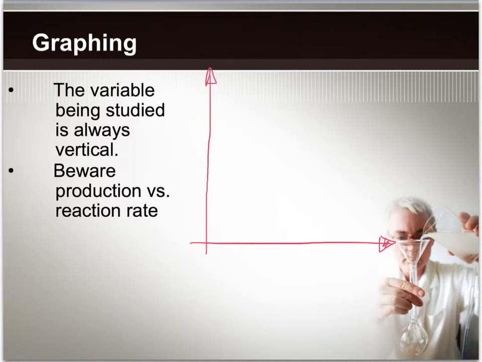In this case, it would be time, because we're looking at the rate of reaction, and rates are always a factor of time. The thing that is being measured would be the rate of the reaction, which would be the volume of hydrogen being produced per minute.